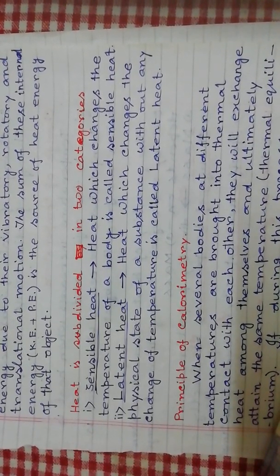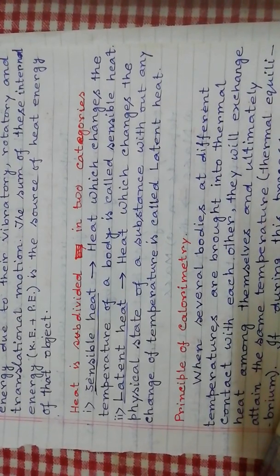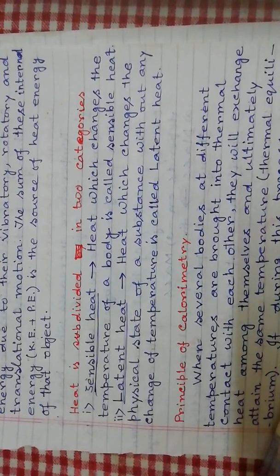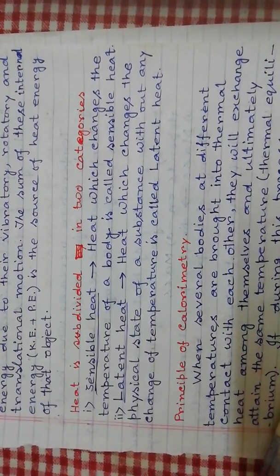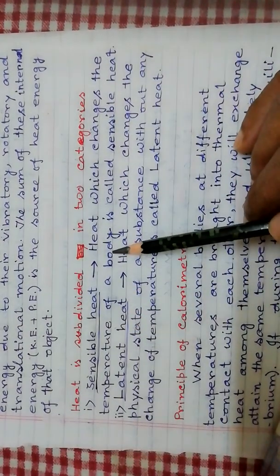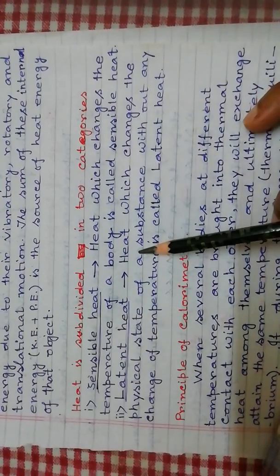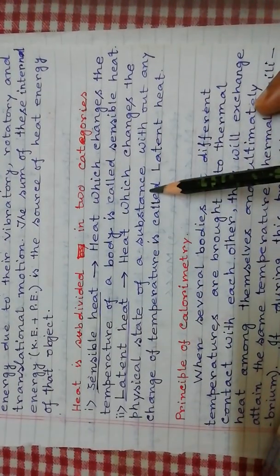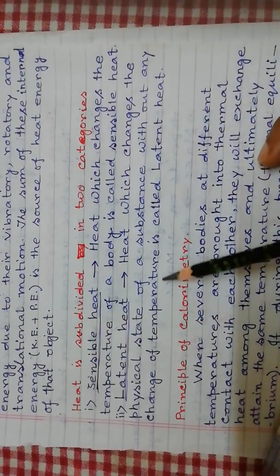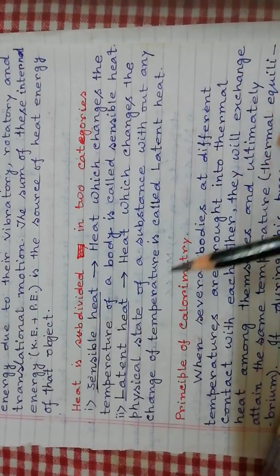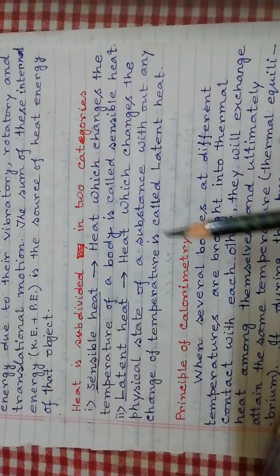Also some amount of heat is used for state change, which is known as latent heat. Heat which changes the temperature of the body is called the sensible heat. Heat which changes the physical state of the substance without any change of temperature is called the latent heat. Latent heat changes the state of the object. It does not change the temperature.